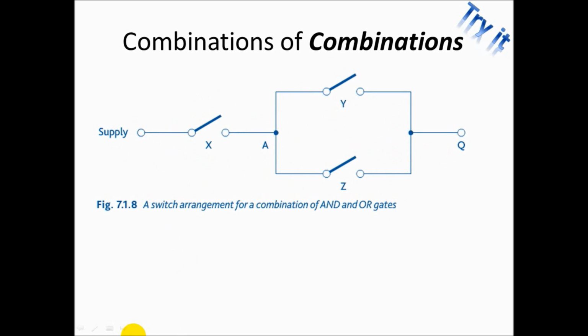So let's have a look at this one. What do you reckon Q equals? Let's have a look. Well, Q is a result of X and Y, or X and Z.